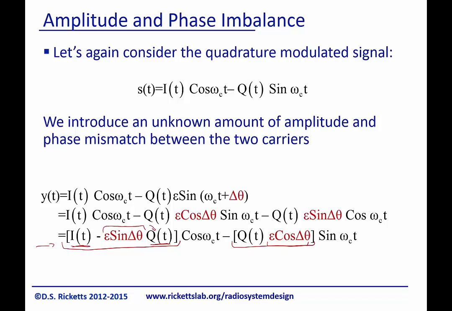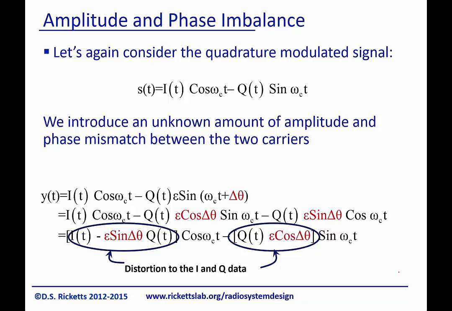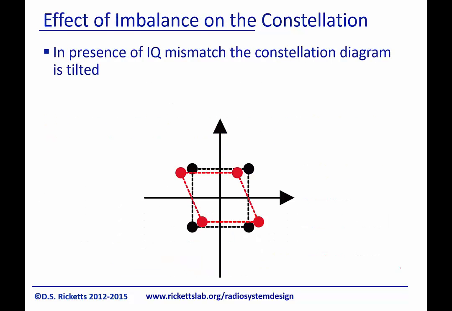So any phase imbalance basically takes that orthogonality and breaks it up so that a small amount of either the I or Q gets overlaid into the other channel. And so this distorts the I and Q data. And if you look at a constellation diagram, you can see here that it's been not shifted but distorted.